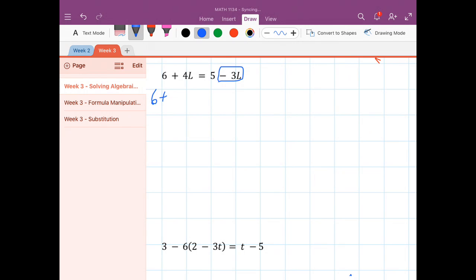So I get 6 plus 4L plus 3L, 5 minus 3L plus 3L. Again, I'm adding 3L because I have a minus 3L there, and we always do the opposite to get rid of it. So this side becomes 6 plus 7L, and this side just becomes 5.